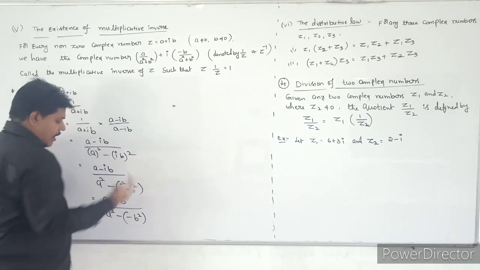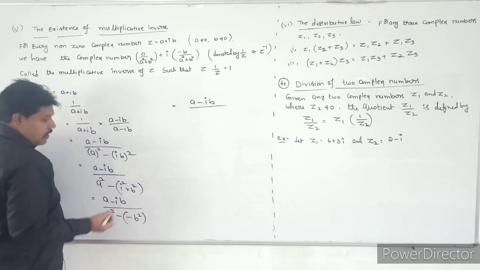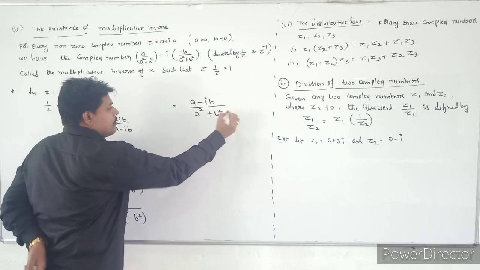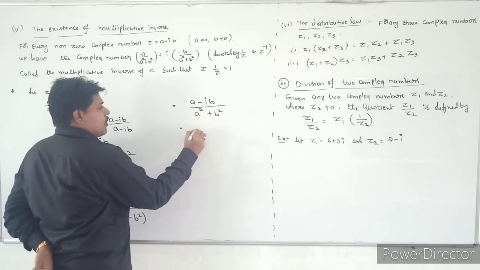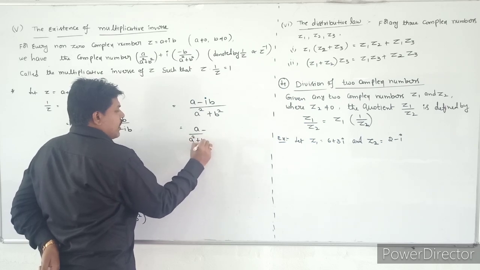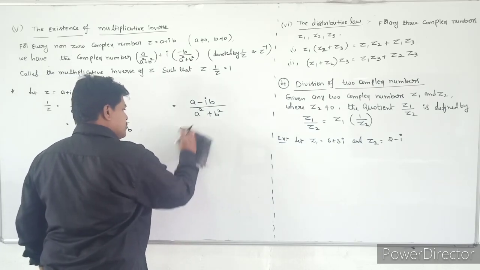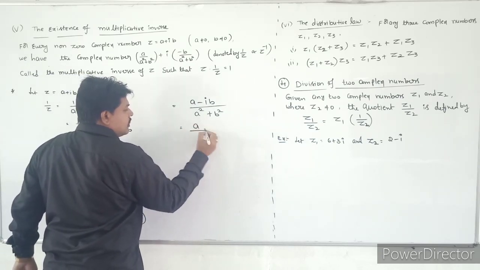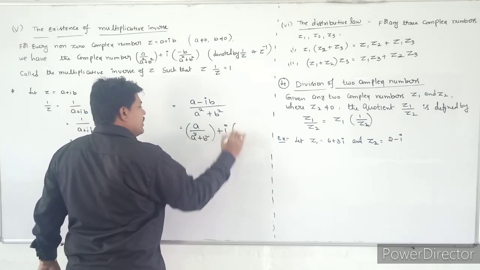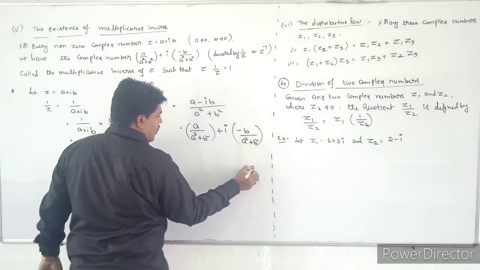So a minus ib by a square minus of minus b square becomes plus b square. Now you can split that: a by a square plus b square plus i into minus b by a square plus b square.